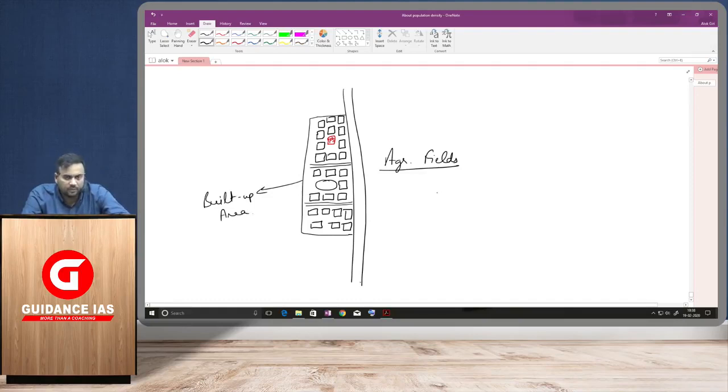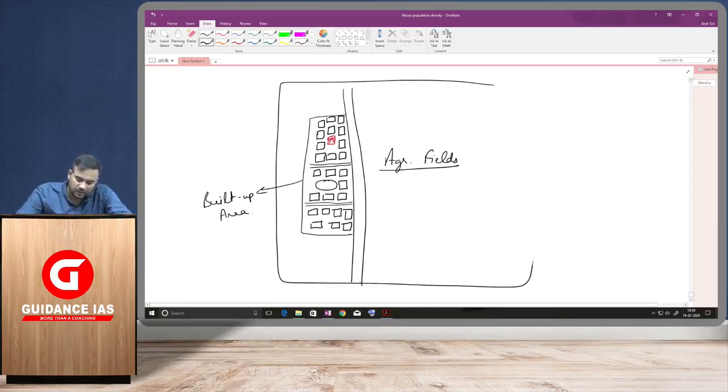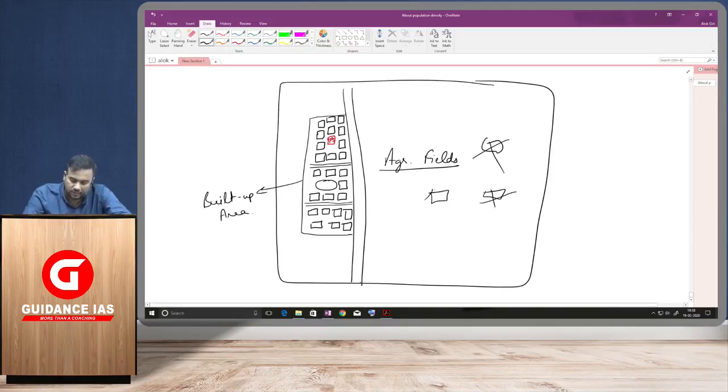Okay? So what we will be finding, changes in the built up area will be fast, comparatively faster. But what would be the design? This whole macro feature is what? It is the design of the village. Okay? So it will not happen that many houses are picked up from here and start getting built here. This is not going to happen. Even if it happens, the change is what? It is very, very slow.